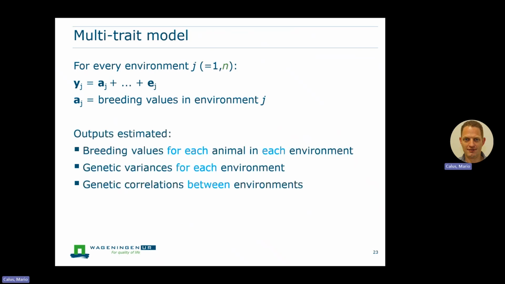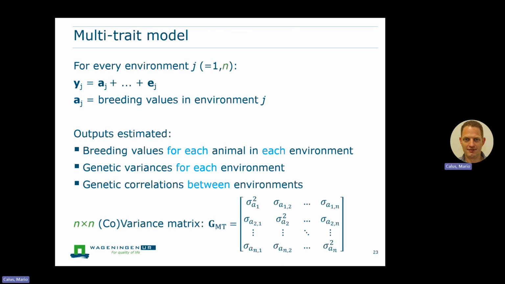So if we have two environments, we have two model statements, and we get two breeding values for each individual in the system. So then we get estimated breeding values for each individual in each environment. We also get genetic variances for each environment and the correlation between those. So basically, if the number of environments is n, we get an n by n genetic variance covariance matrix.